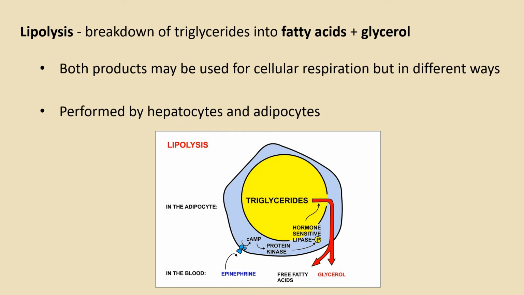And the major purpose of a fat cell is to store fat. And so that yellow blob of triglyceride, that's like an oil droplet inside of that cell. And when those triglycerides are catabolized, they are catabolized into their building blocks, which are fatty acids and glycerol. And that process is known as lipolysis.